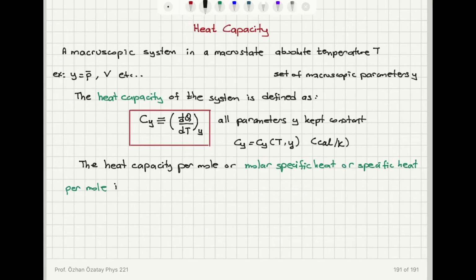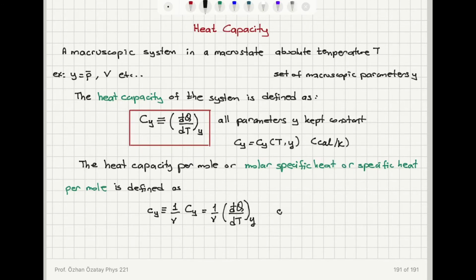This is just the heat capacity of the substance divided by the number of moles, and we show it with a lowercase letter c. c_Y is 1 over the number of moles times the heat capacity. It is 1 over the number of moles times the infinitesimal amount of heat absorbed for a small temperature change under the condition that parameters Y are kept constant.